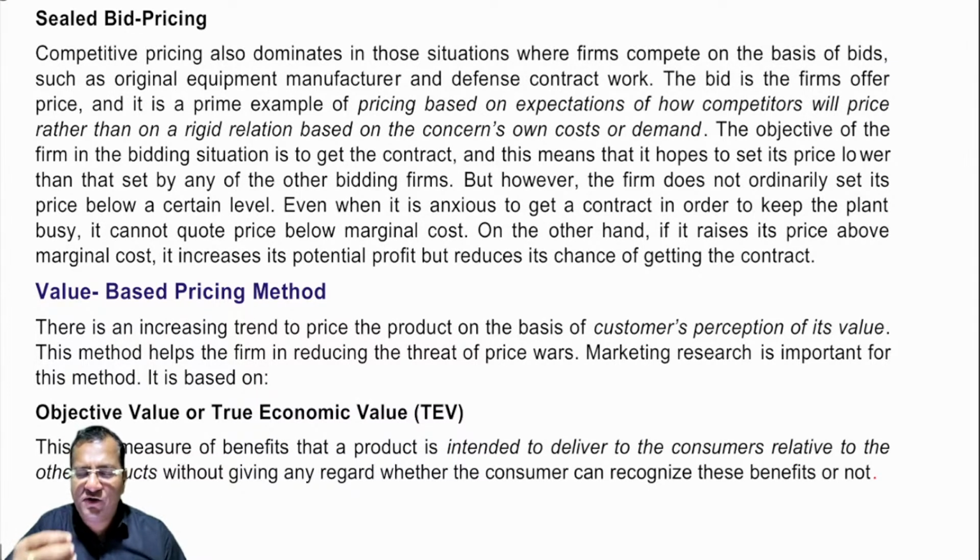It is clear from the name, beta, fail bid pricing. When our sale price is related with a bid, then we charge the bid based on the expectation of what competitors will charge. Definitely, we will quote our bid based on that expectation.